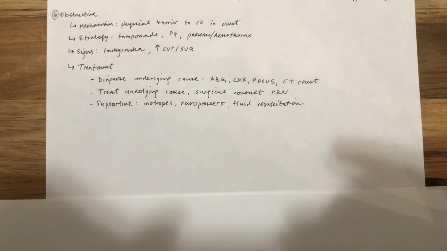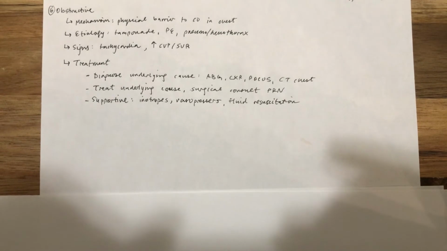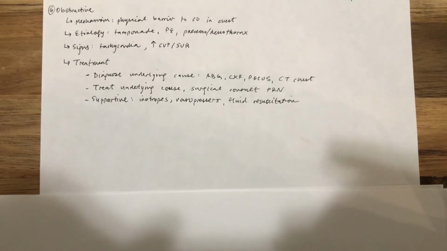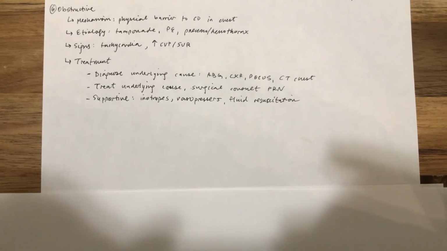And then lastly, we'll look at obstructive shock briefly. Obstructive shock means that there's some physical barrier to cardiac output in the chest. This is usually either tamponade, PE, pneumothorax, or hemothorax. I think these are pretty common in the ICU. You see PEs sometimes, but tamponade and pneumothorax are pretty common.